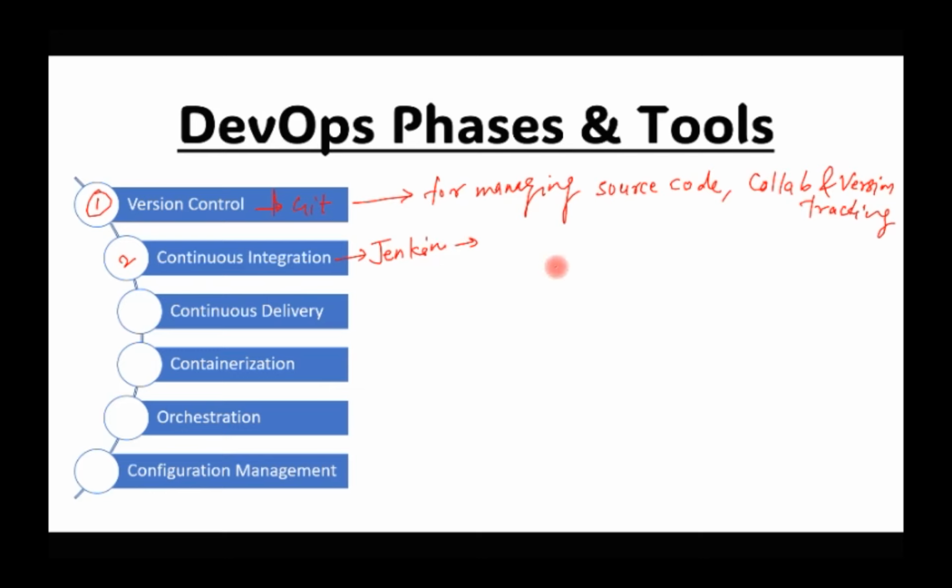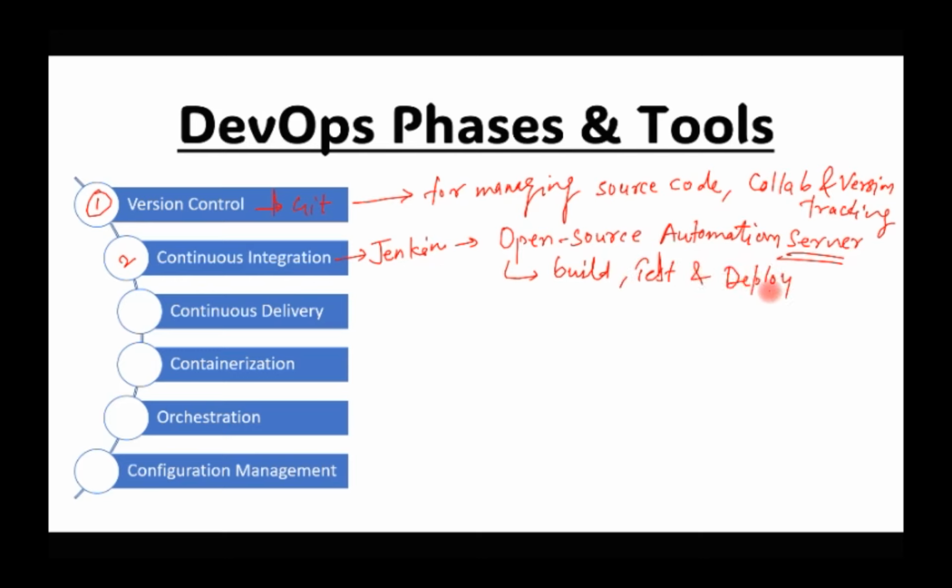It's an open source automation server that helps us build, test, and deploy. When can we use this tool? As mentioned, we can use this tool to automate builds, continuous integration, and deployment.